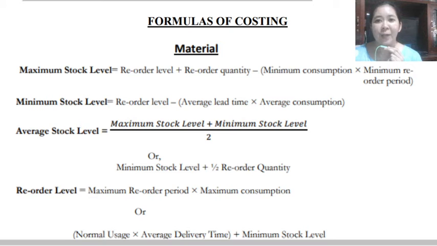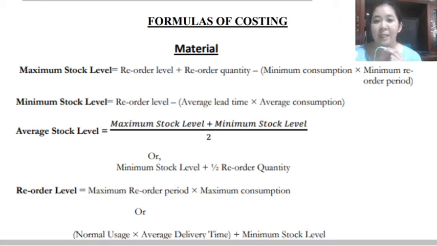The next formula is our minimum stock level. So minimum stock level is the lowest possible amount of inventory left in the stock room, which covers the possible stock out.